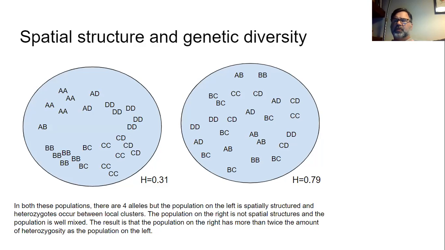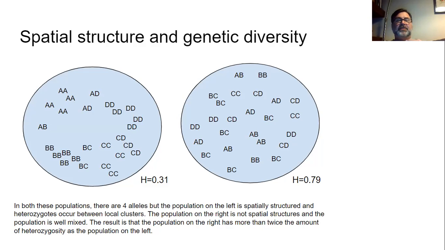There's also a spatial element to genetic diversity. I'll give you two scenarios, kind of extreme, where the level of heterozygosity in one is 0.31 and the other one is 0.79.